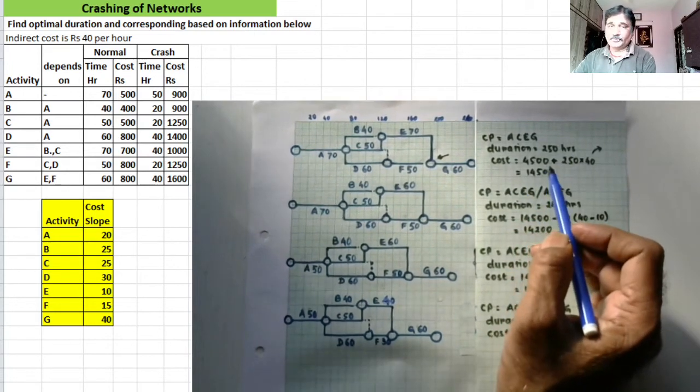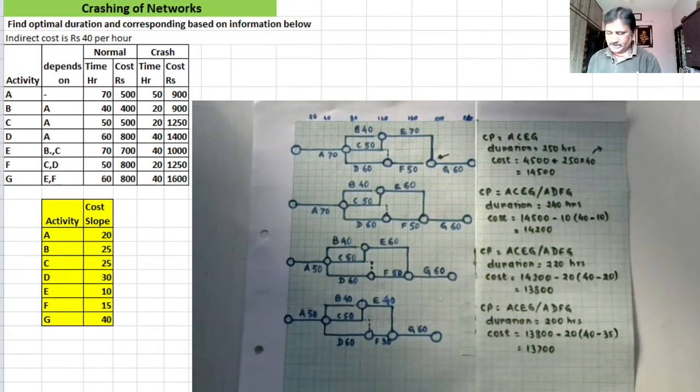So now I want to find the cost of completing the project. There are two costs. One is direct cost and one is indirect cost. What is direct cost? Cost for completing the activity is the direct cost. If I take this normal cost, because I have completed the activity in normal duration, I will be requiring this cost to complete each of the activities.